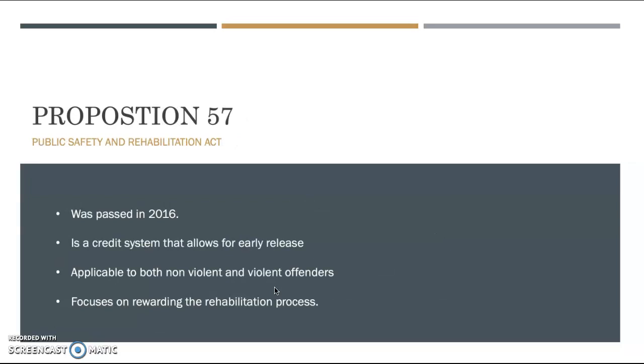The next step that was taken to help decrease the prison population was the passing of Proposition 57. This is called the Public Safety and Rehabilitation Act. This was passed in 2016, and essentially it's a credit system that allows for early release. So if inmates completed college courses, they would get a certain amount of credits.